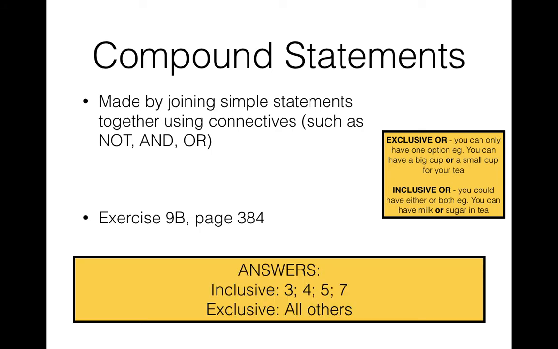Numbers 3, 4, 5 and 7 were the only inclusive ors, the only ones where you could have either or both. All the rest of them were exclusive ors. Okay, you could not have both. Again, pause the video and ask me if there's an issue.